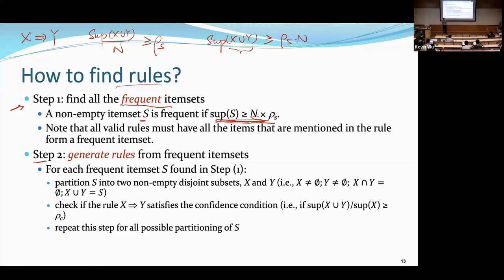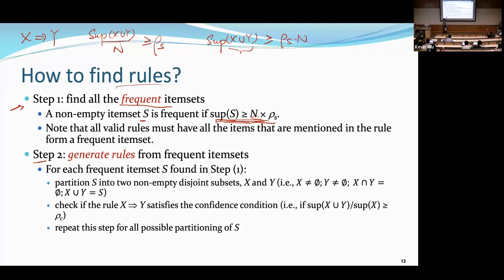The additional thing we need to check is whether it satisfies the confidence condition. That is to say, we need to check whether the ratio, the support count of X union Y divided by the support count of X, is at least equal to rho C, the confidence threshold. If so, then this rule is valid, and we extract it and collect it. If not, then we discard it.